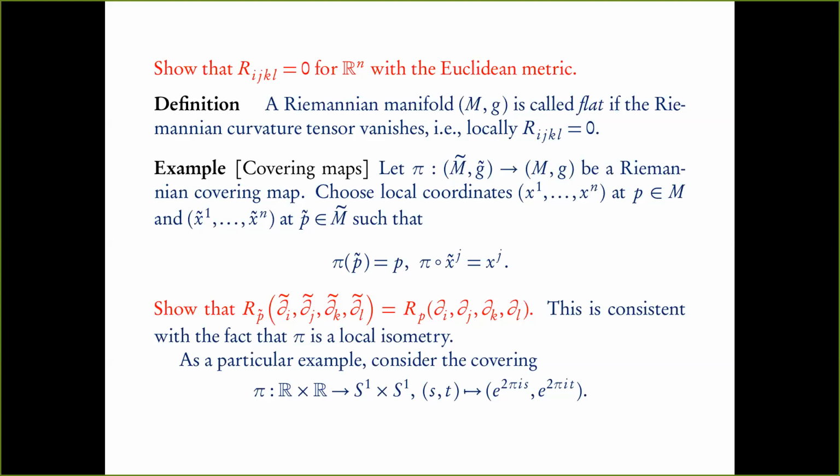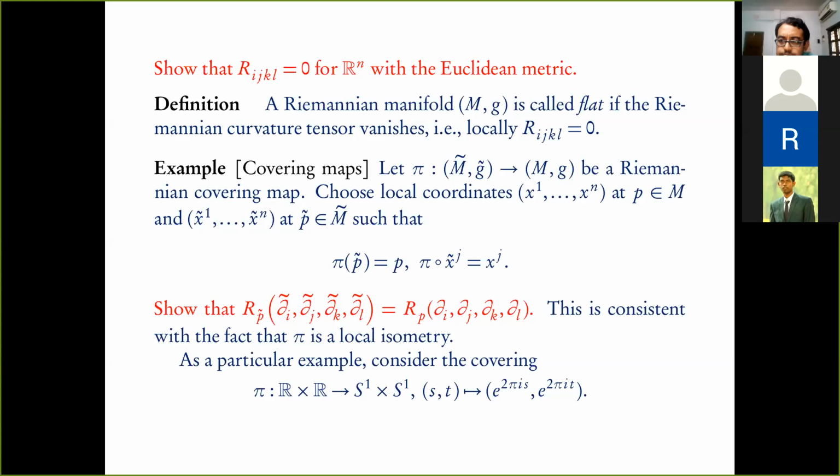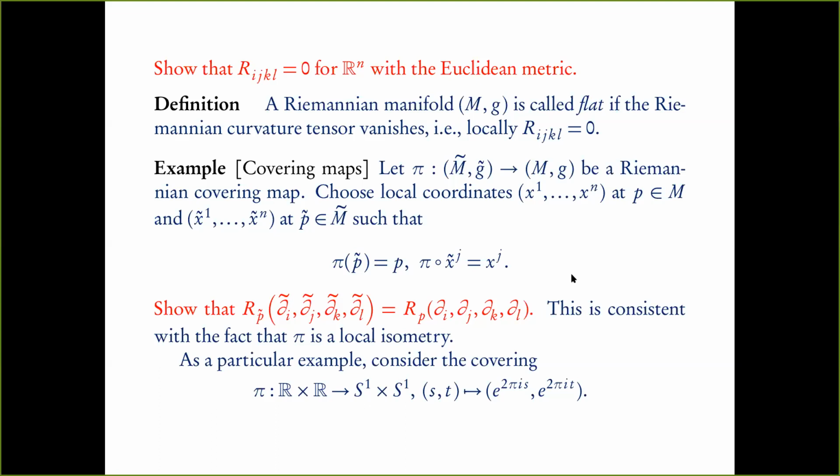Taking two copies of that and taking the product, this is a map from R cross R to S1 cross S1, which sends (s, t) to (e^(2 pi i s), e^(2 pi i t)). I'm sure all of you should be comfortable proving that this is a covering, and in fact it is the universal cover of S1 cross S1, which is abstractly a torus.